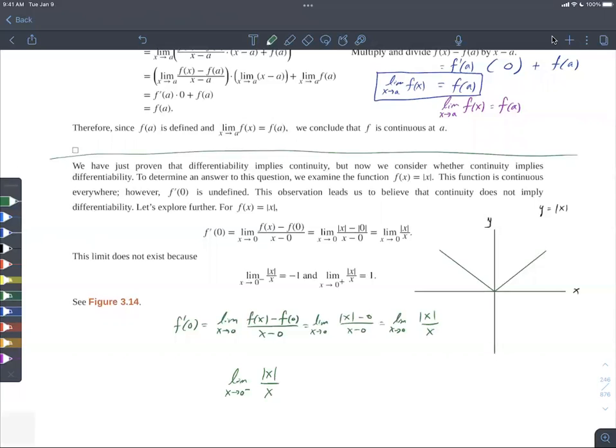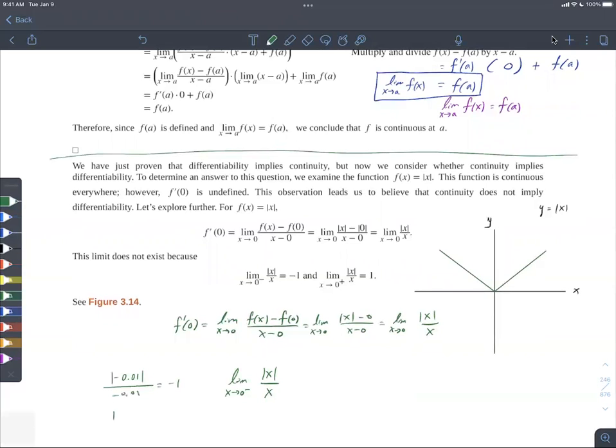For values of x that are to the left of 0 but approaching 0, you can plug in any value like negative 0.01. When you take the absolute value of negative 0.01 and divide it by negative 0.01, you're going to get negative 1.